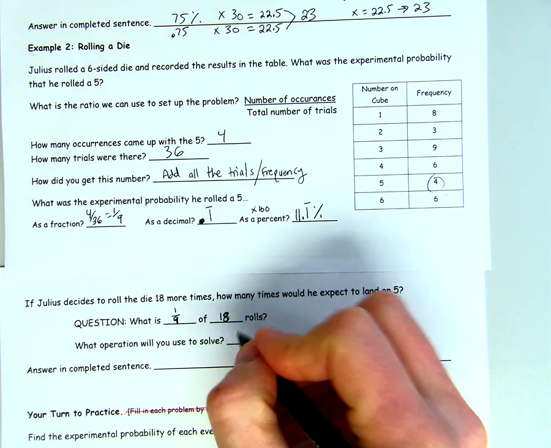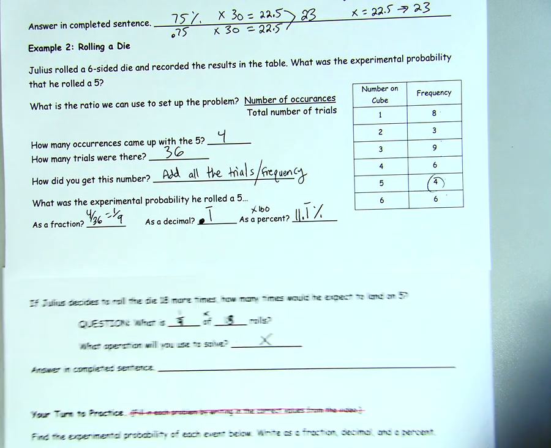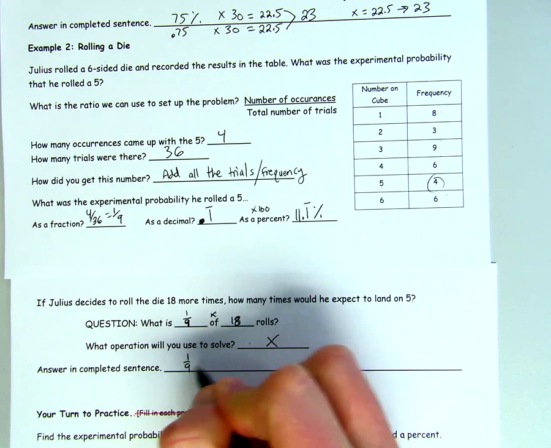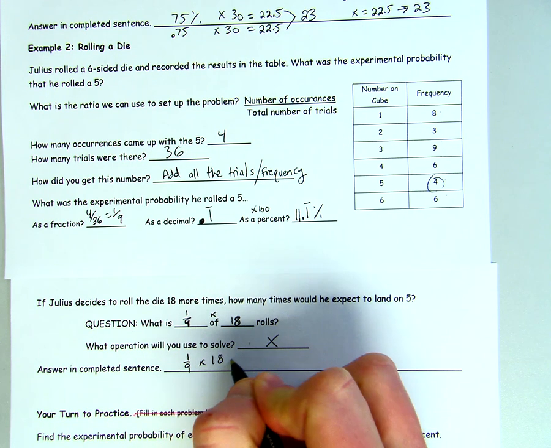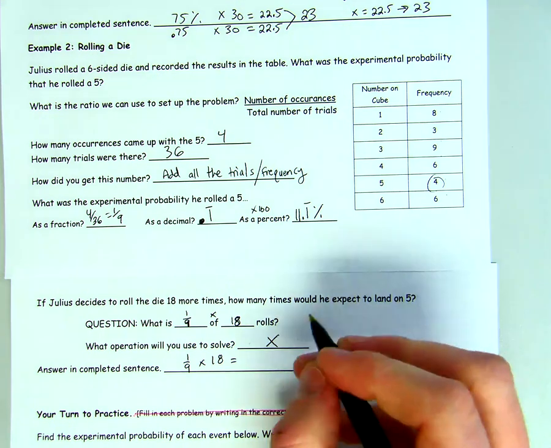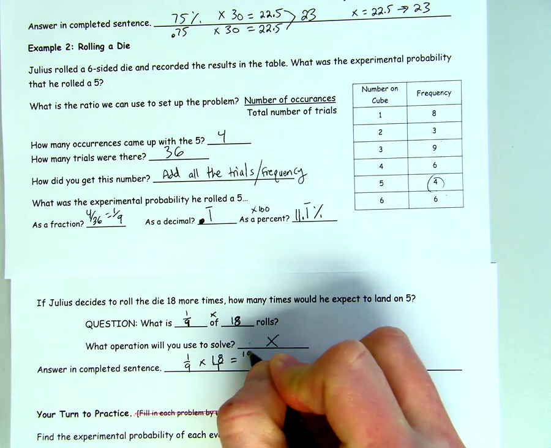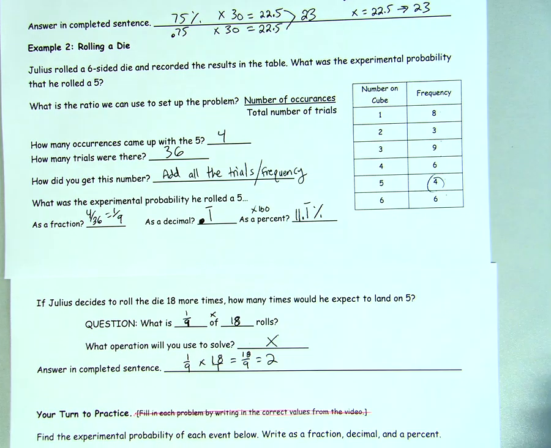Okay. And so again, I'm going to use multiplication to go ahead and solve it. So I'm going to do 1/9 times 18, which is equal to, if we multiply across, 18 over 9, which is equal to 2.